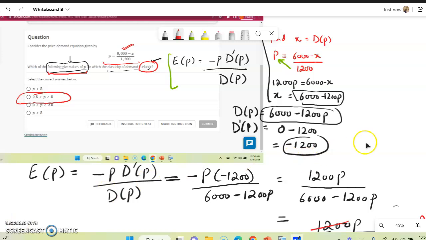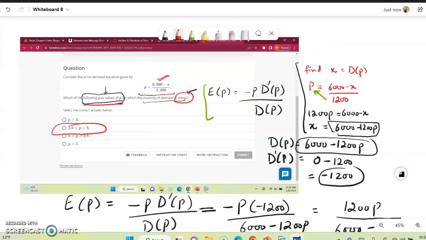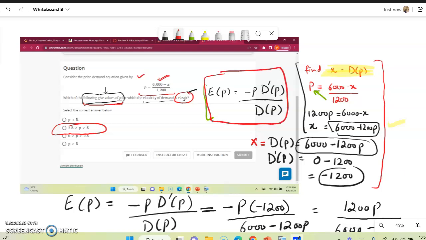So just to summarize, in this question, P was given, but you needed the demand function. You really need to remember that the demand function is basically x. So you need to find x in terms of P, and that will be your demand function. When you have that, write x as your demand function, then find the elasticity and check for it to be elastic.